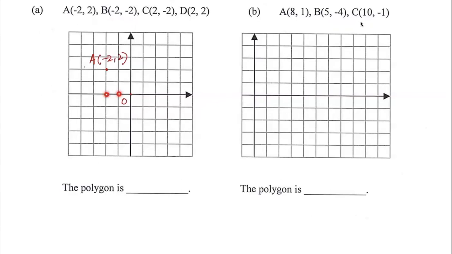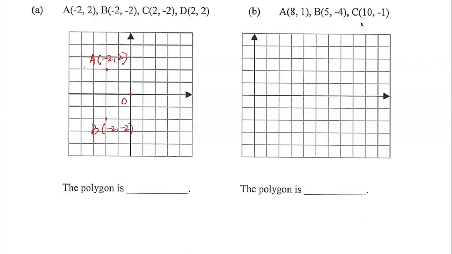And from here, the y coordinate is also negative, so we go down by 2 units. So this point is point B, which has the coordinates -2, -2.